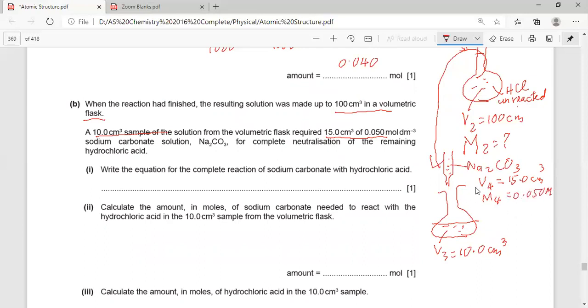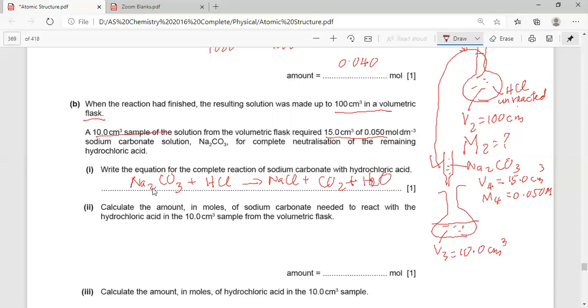Okay, now for total neutralization, the equation for complete reaction with sodium carbonate: Na2CO3 plus HCl gives sodium chloride plus carbon dioxide plus water, H2O.